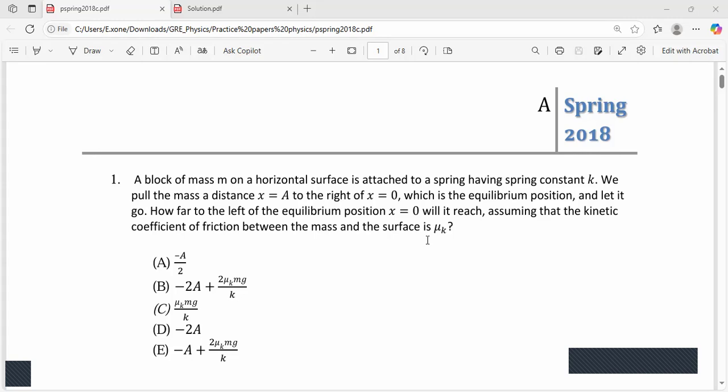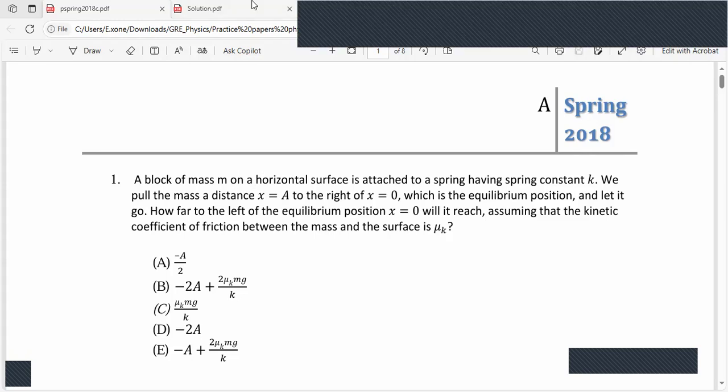We are going to displace this block of mass m to the right of the equilibrium position, and the displacement would be a. Our goal is to find the distance that the block is going to travel to the left of the equilibrium position. Here I have solved this problem.